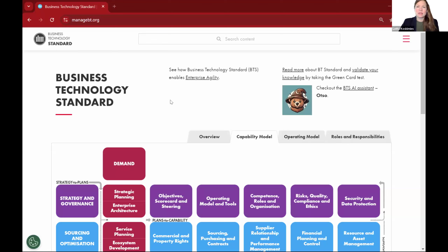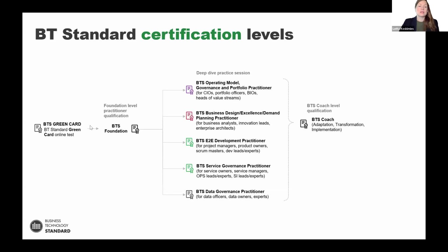So let's have a look at that. Over here. Okay, so the starting point here is to complete the Business Technology Standard Green Card, and that can be requested from info at the btforum.org. So then you will gain access to the Green Card online test, and that is free of charge.